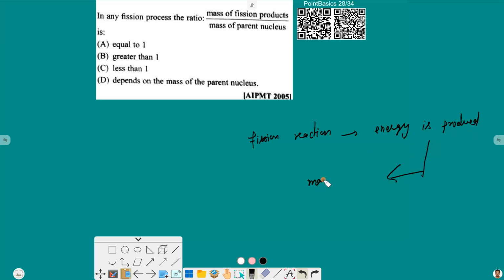This comes from the mass defect. So we can say the mass of daughter nuclei is less than the mass of parent nucleus. So the ratio of the mass of fission products, meaning daughter products, divided by the mass of parent will be less than 1. So option C is the right answer.